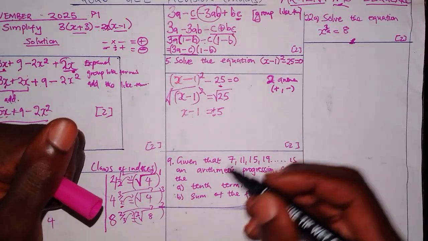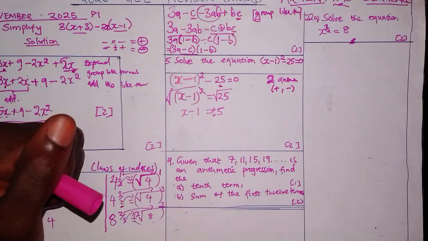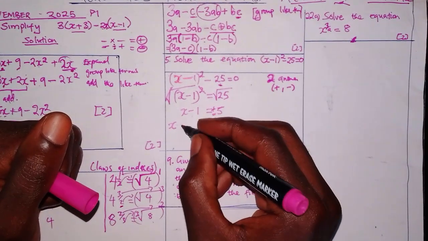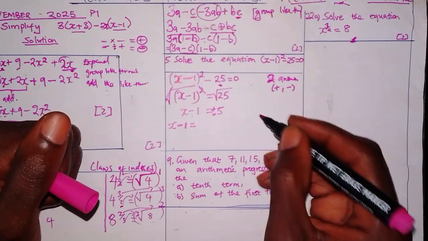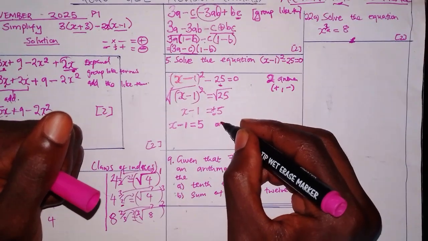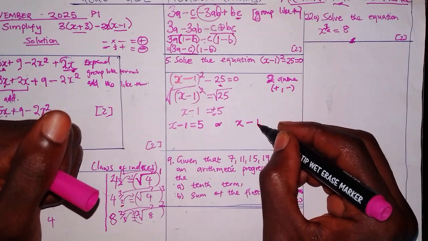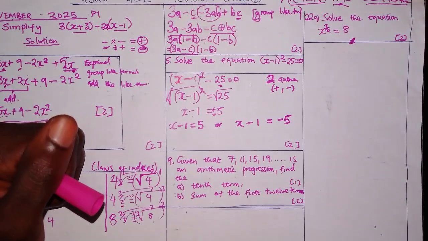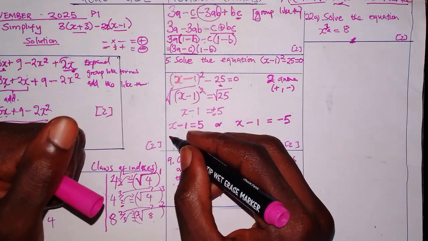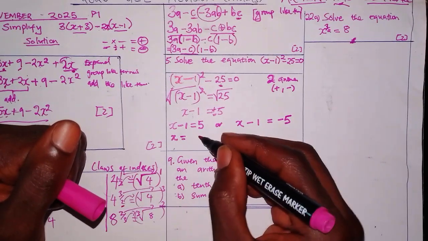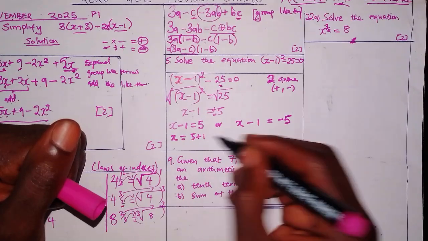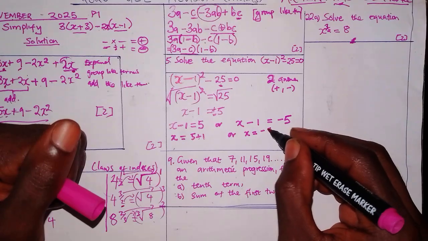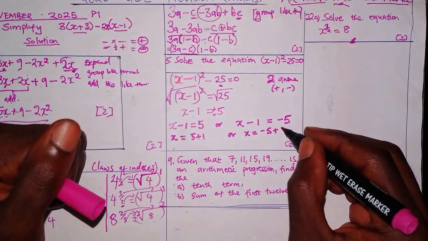Then here is where now the 2 answers will come. So you say x minus 1 is equals to 5, or x minus 1 is equals to negative 5. Then you solve now for what? For x. You say x is equals to 5 plus 1, or x is equals to negative 5 plus 1.